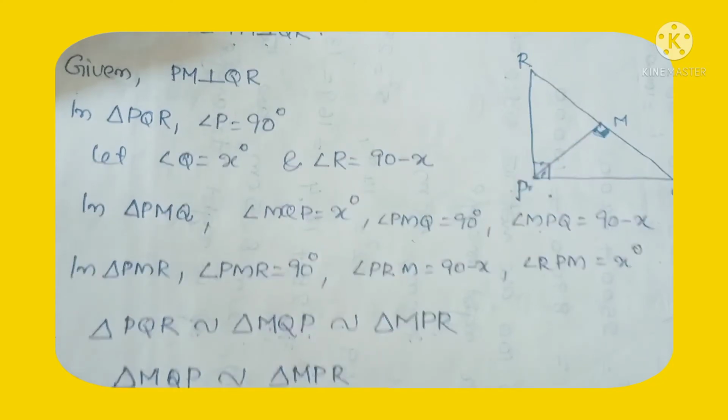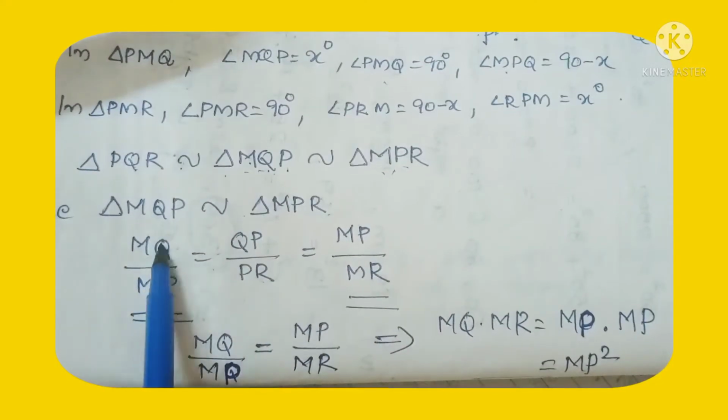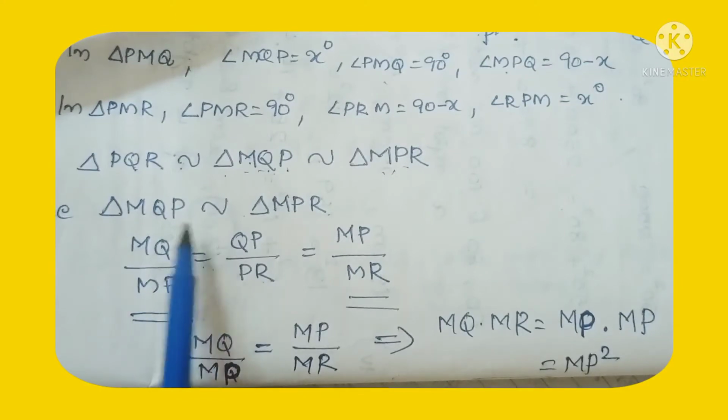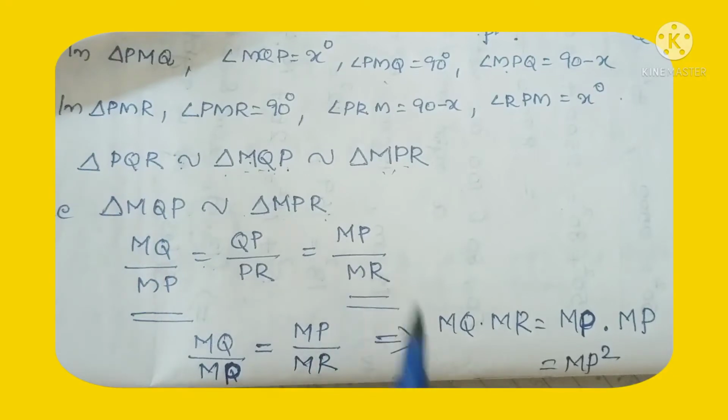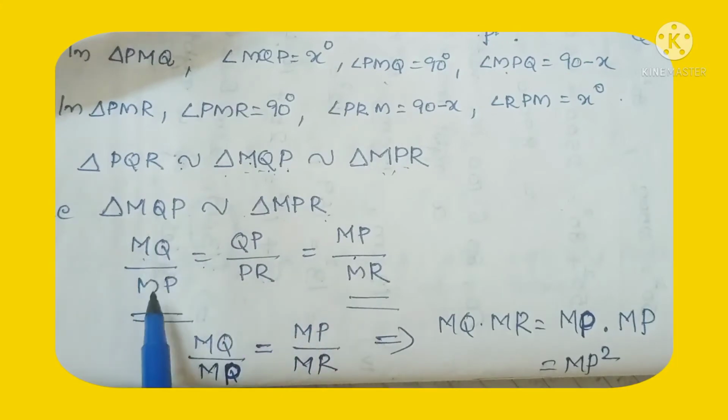Then corresponding sides: MQ by MP equal to QP by PR equal to MP by MR. Then we can take the first and third ratio, that is MQ by MP equal to MP by MR.